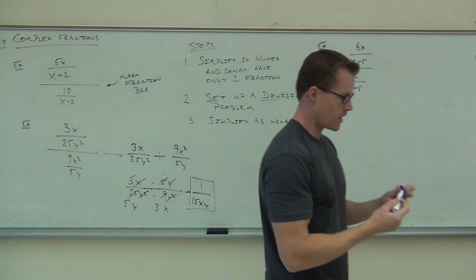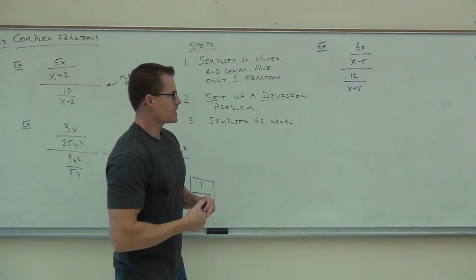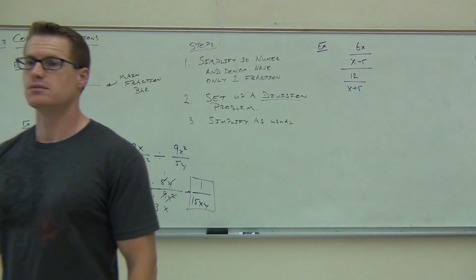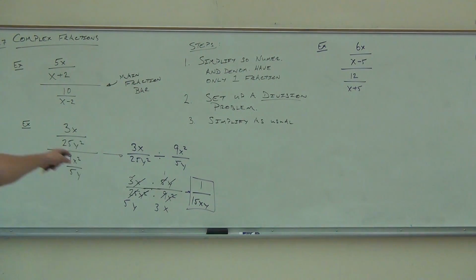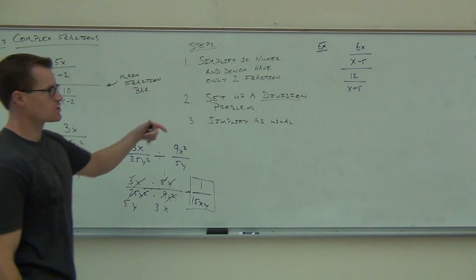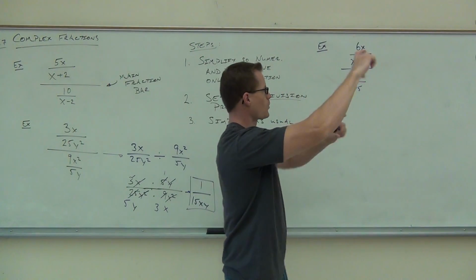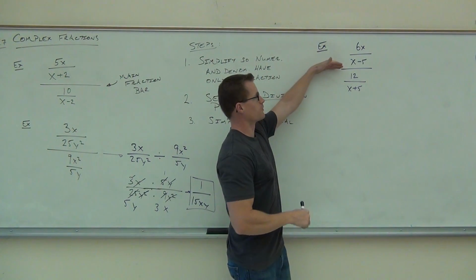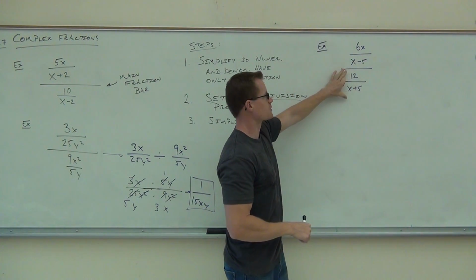Okay, so let's give this one a try. First thing, do we have one fraction over one fraction? Yeah, we do. That's exactly right. It looks like this one, right? Not too much is going on differently than that. Our main fraction bar is, of course, the middle one. This is our main numerator, that's our main denominator.